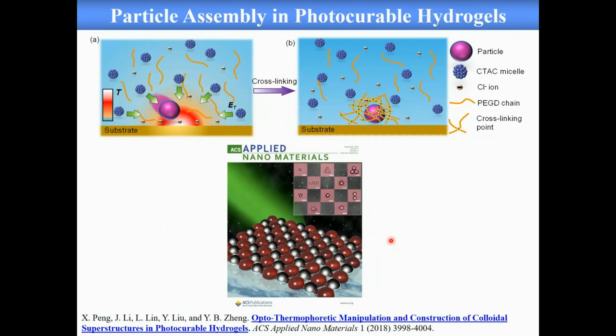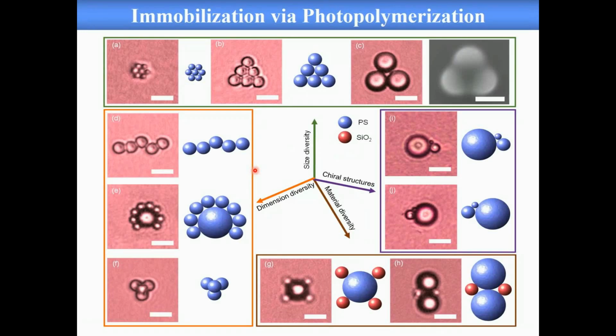One type of hydrogel is photocurable, which means under light irradiation, it can change between liquid and solid. So now you imagine when you do assembly in this type of environment, after assembly you can shine UV light and solidify it, right? You become a piece of a solid device. So we can do many different types of structures and solidify them. So that's one approach we can do.